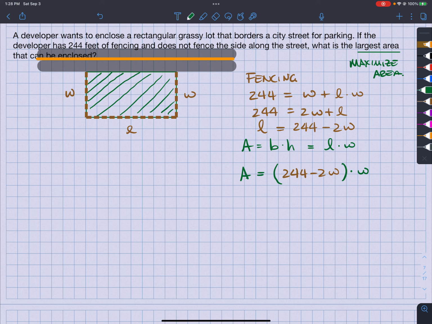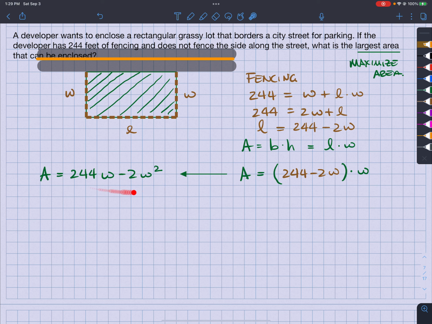And when I do that, what do I get? I get A equal to 244W minus 2W squared. Look at this, I have a parabola because I see a W squared and a W, so it's a quadratic.